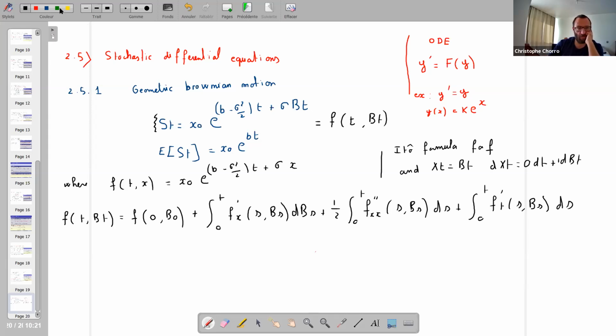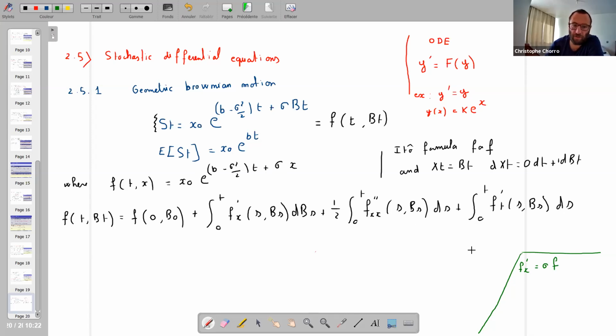And if I want to handle this expression in more detail, I just have to check what the derivatives of this mapping are. So let's write the things here. I see easily that if I compute the derivative with respect to x, I just make appear a sigma. So the derivative of f with respect to x is just equal to sigma f.